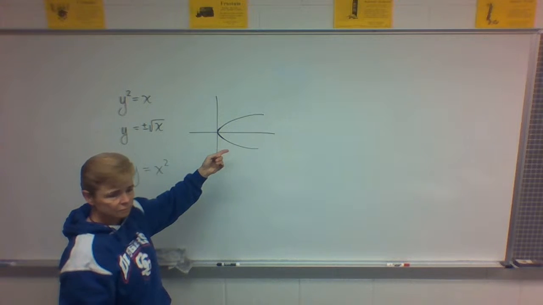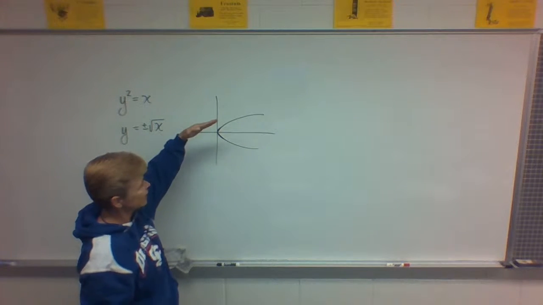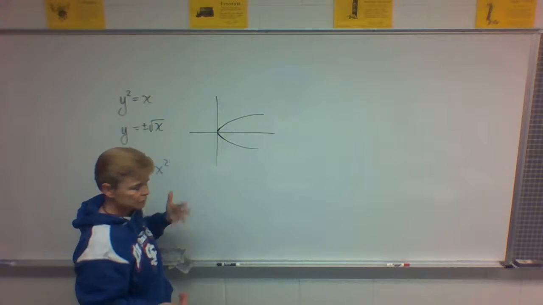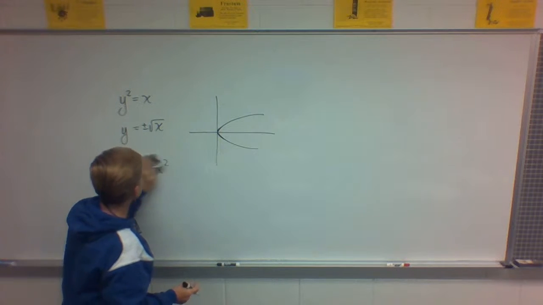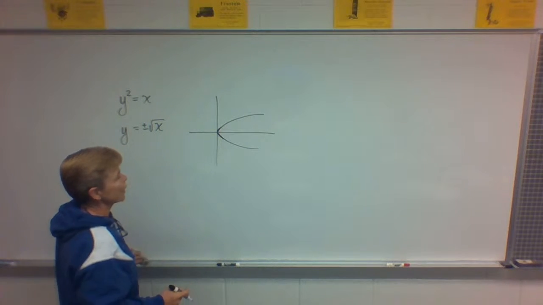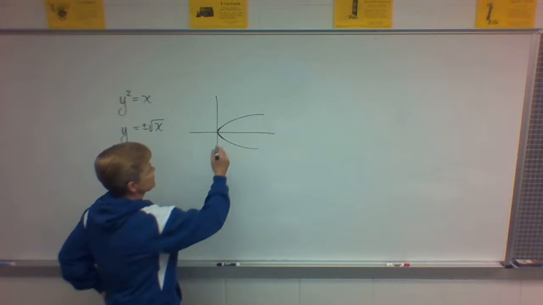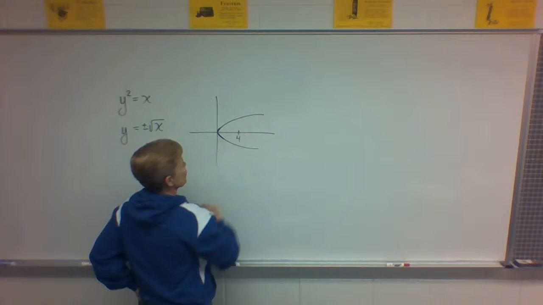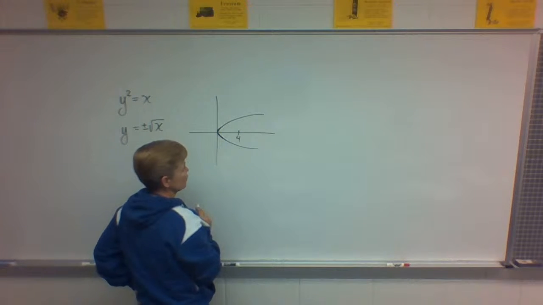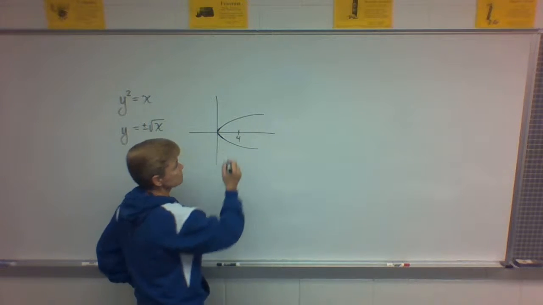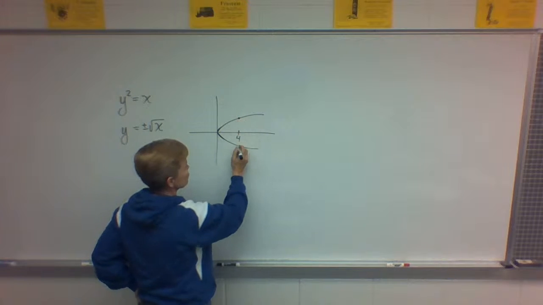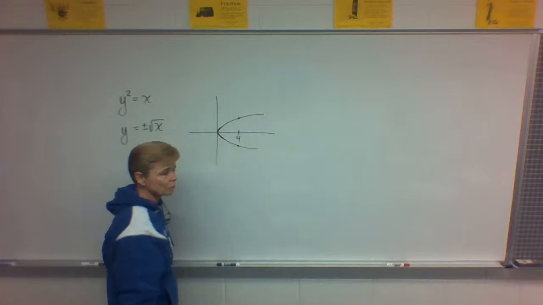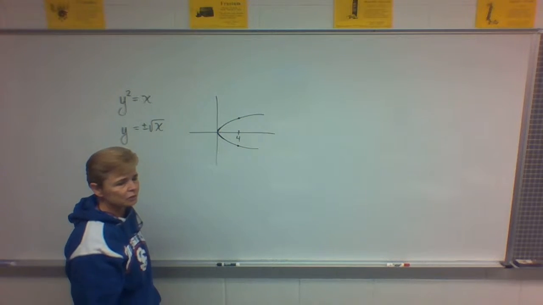This is a non-function, yet it still has tangents to it. And so what we could do, for example, with what we know right now is if I wanted to find the slope of the tangent at 4, there's 2 of them. There's the one that occurs here, and there's the one that occurs here, and they don't have the same slope. They don't even have the same sign on their slope.